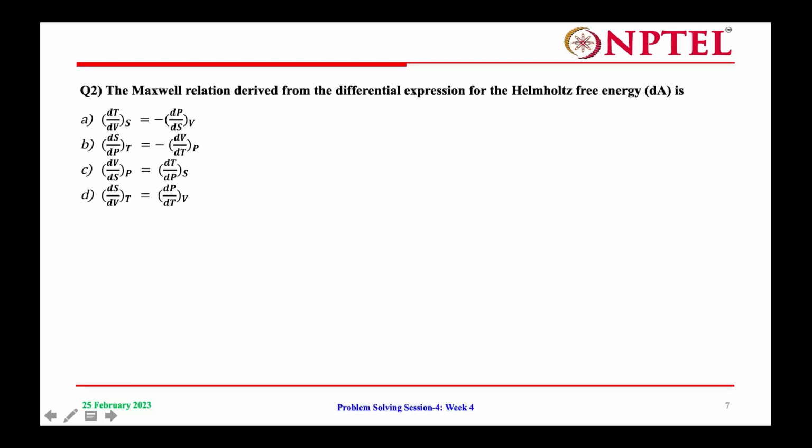Now question 2. The Maxwell relation derived from the differential expression for the Helmholtz free energy dA is... Can someone tell the answer? The options are here.